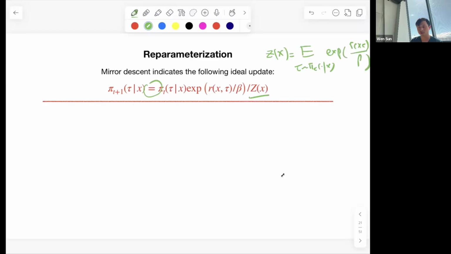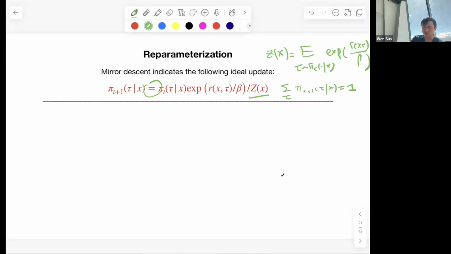This is just a normalization constant so that the sum over tau of pi t plus 1 of tau given x is equal to 1. That's just making sure this is a distribution, meaning that if you sum over all possible taus, the sum is equal to 1. So it's a valid distribution. That's it. Not super important.